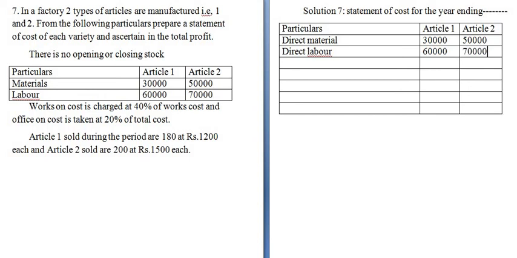Now make a total. Check in the problem if they have given direct expenses. If they haven't given direct expenses, then make a total. This total will be called prime cost. Understanding? Total of article 1 is 90,000 and total of article 2 is 1,20,000.